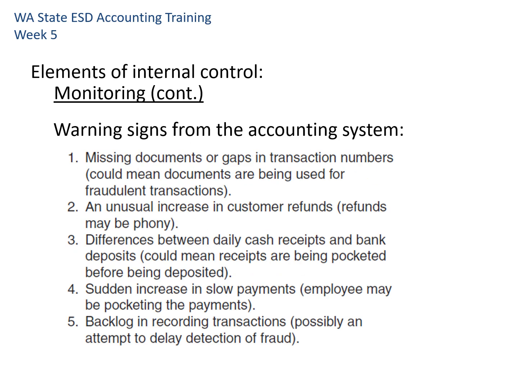Warning signs from the accounting system itself: having missing documents or gaps in the sequential numbers for documents could be a sign that documents are being destroyed, or documents that relate to fraud are not being filed where they should be, that sort of thing. If there's a large increase in customer refunds, those might not be valid.